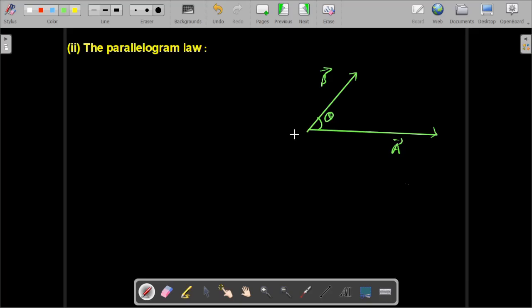So what will be the resultant vector? To find the resultant vector, you just draw a parallelogram with these vectors, this way.